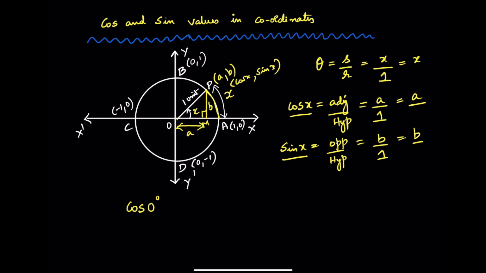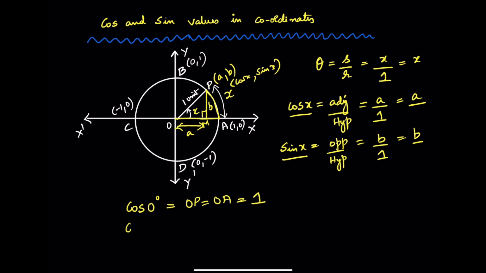So when the angle formed is 0, what would be the length of OA? OA is equal to OP, and the length of OP is equal to 1. So cos 0 is 1.